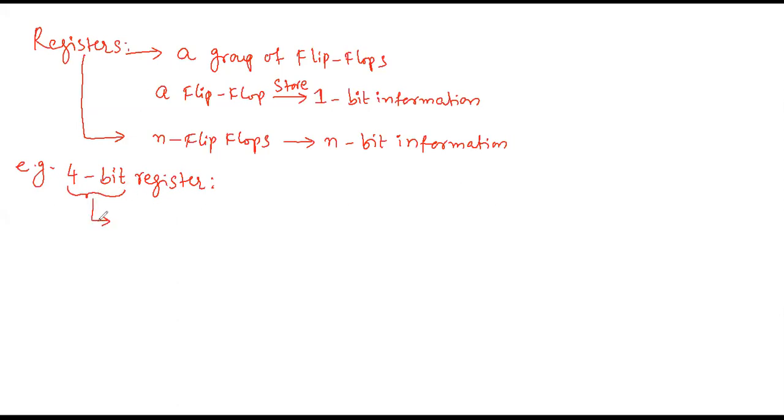Each bit indicates one flip-flop. Now we take the 4-bit register with 4 flip-flops, where D is the input, Q is the output, and there is a clock.